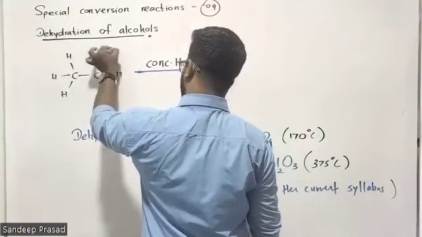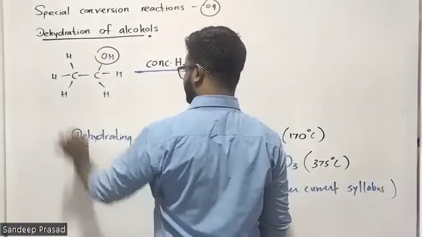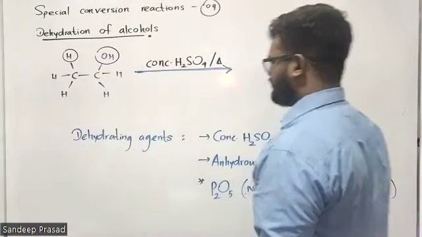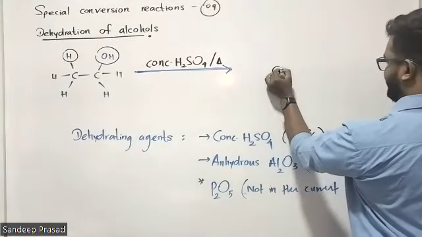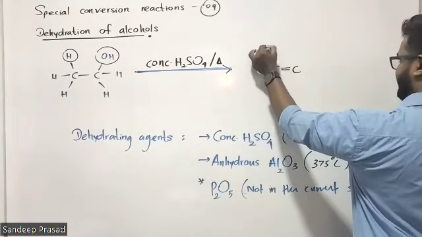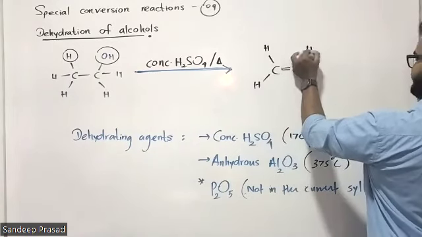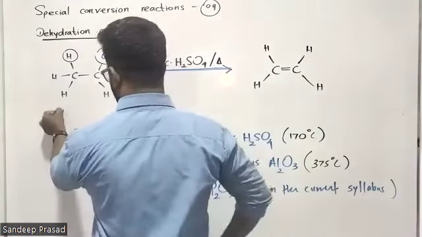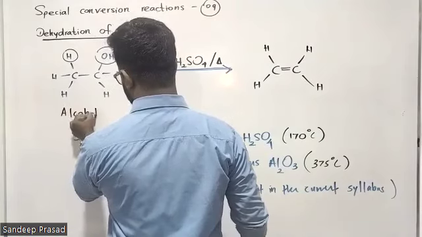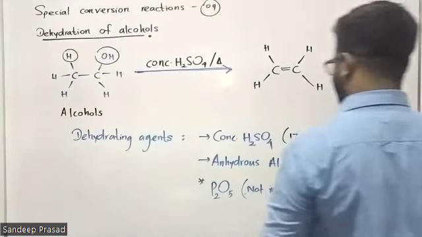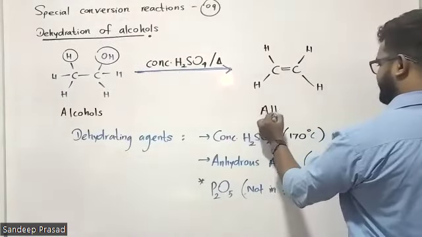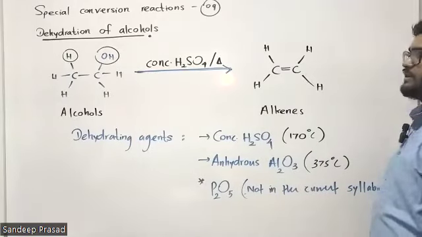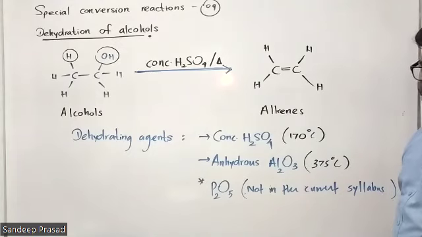So what will happen? OH is eliminated with the neighboring carbon atom's hydrogen. So it produces this kind of alkene. Remember, students, alcohols are converted into alkenes by adding dehydrating agents like concentrated sulfuric acid.